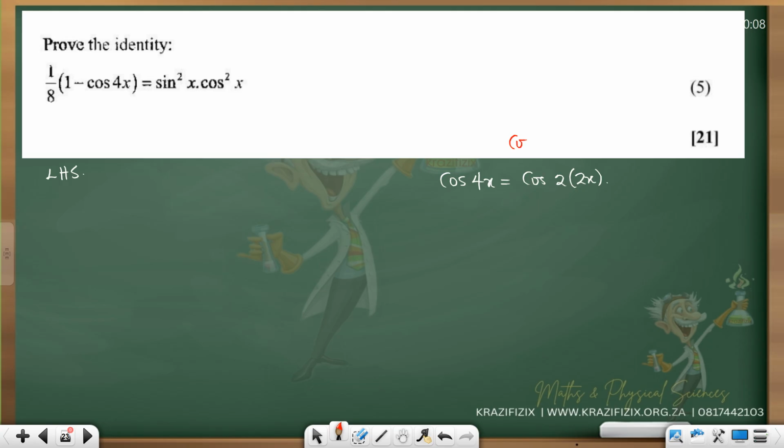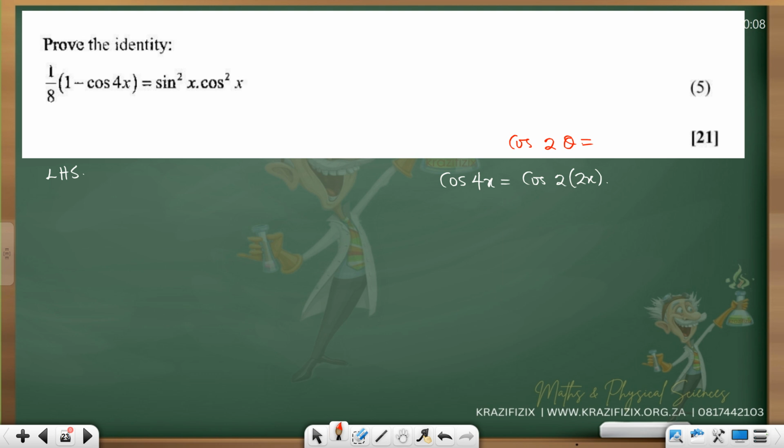And by the way, that is quickly cos 2 theta. And what is cos 2 theta? We can use any of the three. Which one should we use? Let's use one that gets rid of the 1.